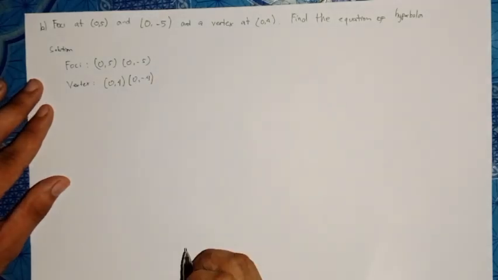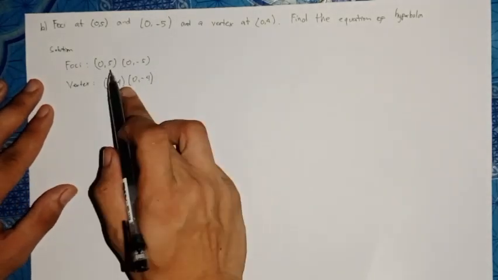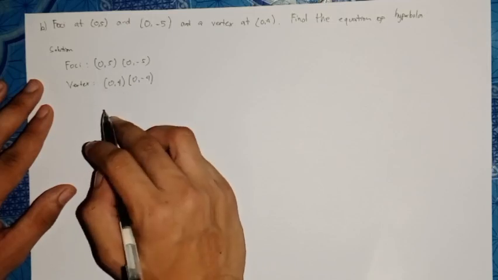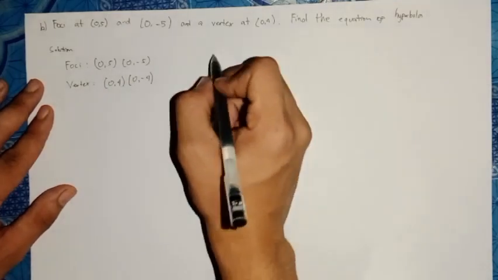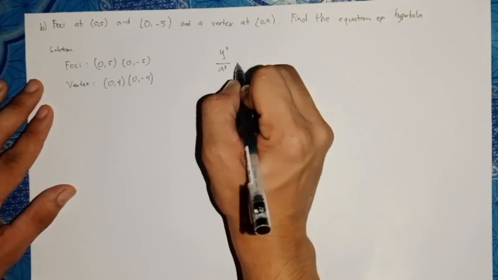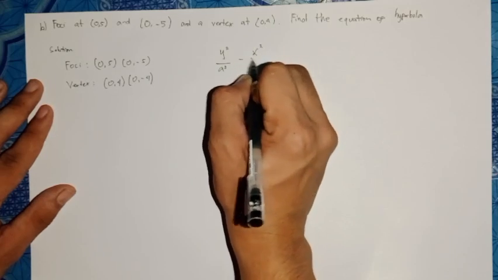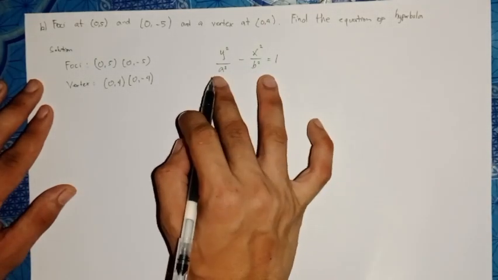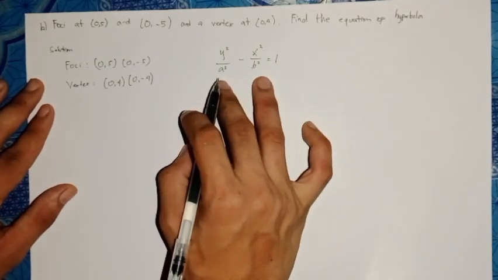Now, as you notice, the foci and the vertex lie on the y-axis. Therefore, the equation should look like this: y squared over a squared minus x squared over b squared is equal to 1, and therefore we have a vertical hyperbola.